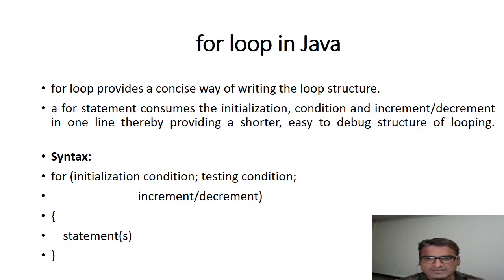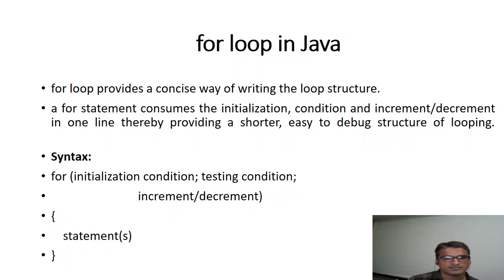For loop provides a concise way of writing the loop structure. A for loop contains initialization, condition, and increment or decrement in one line, thereby providing a shorter and easier way to debug the structure of looping. For loop syntax has three parts: initialization, testing condition, and increment or decrement.